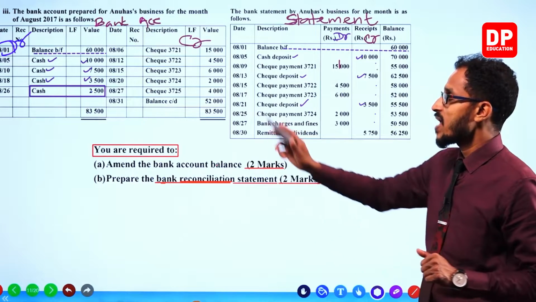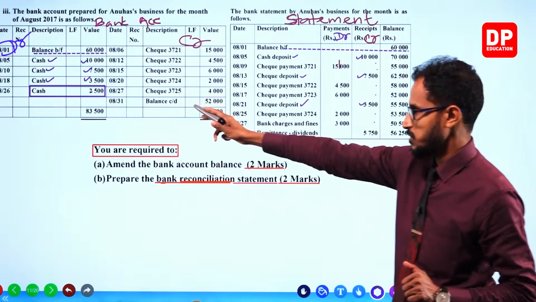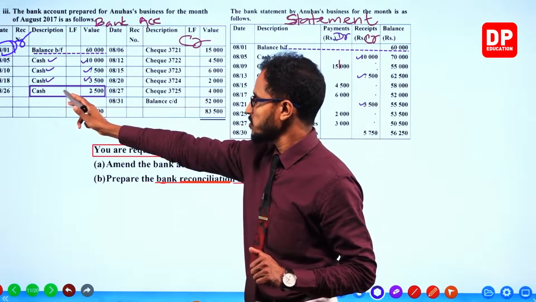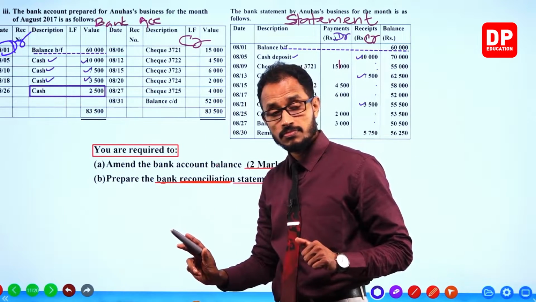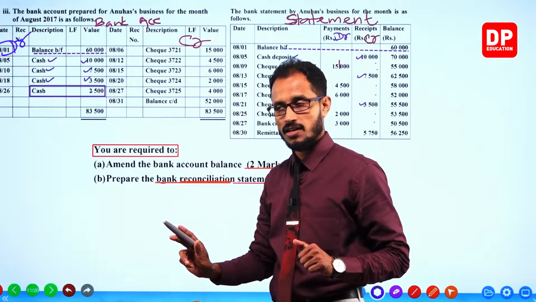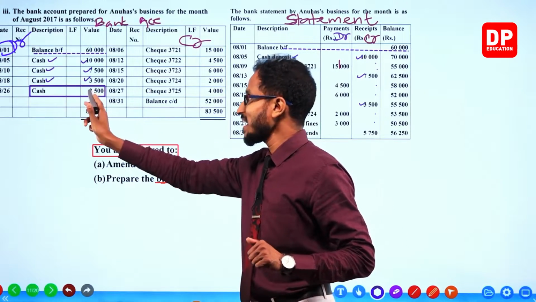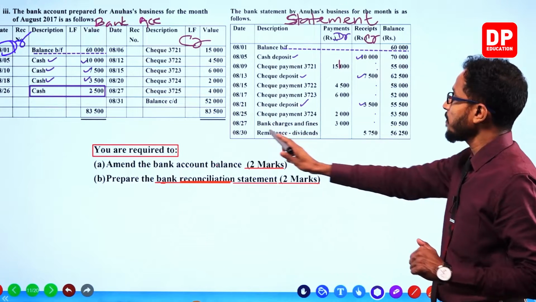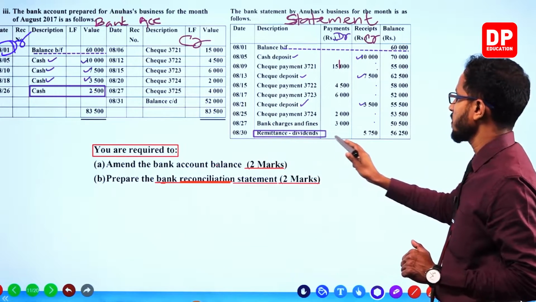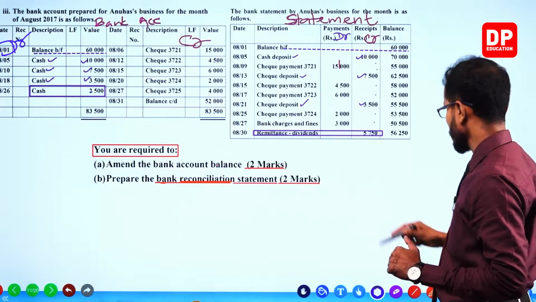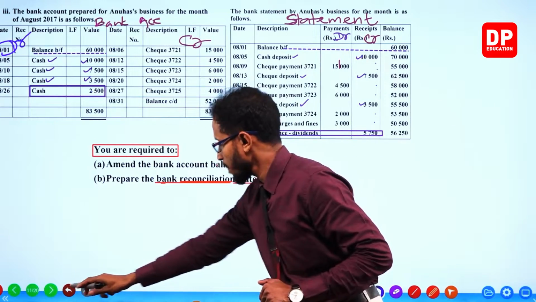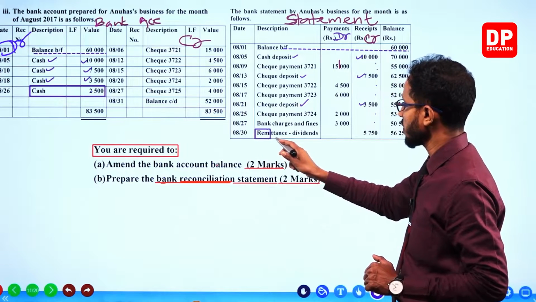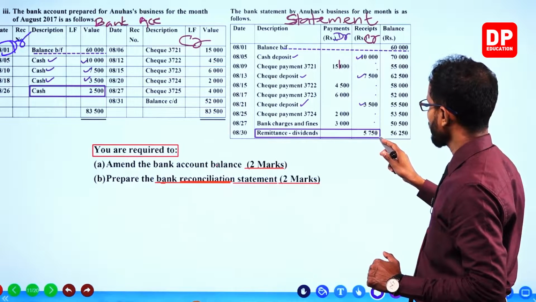Apart from this item which we marked, there's another item here, 5,750.